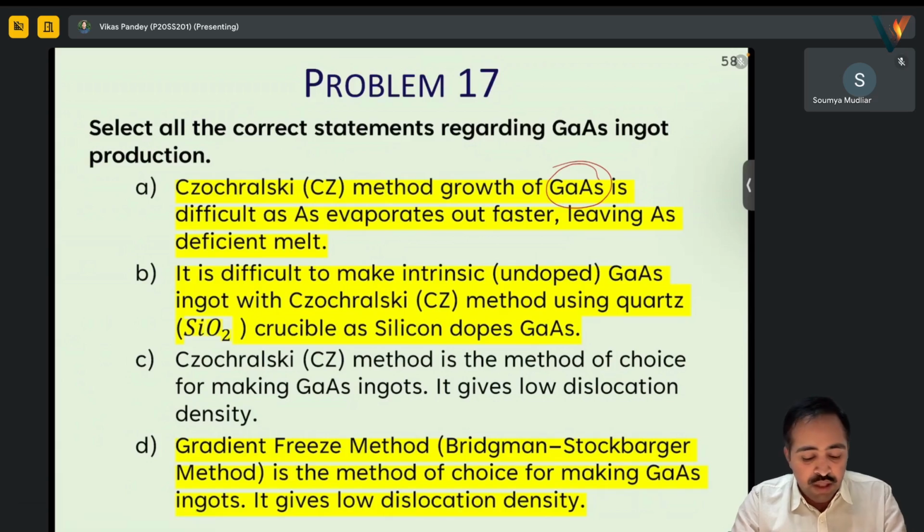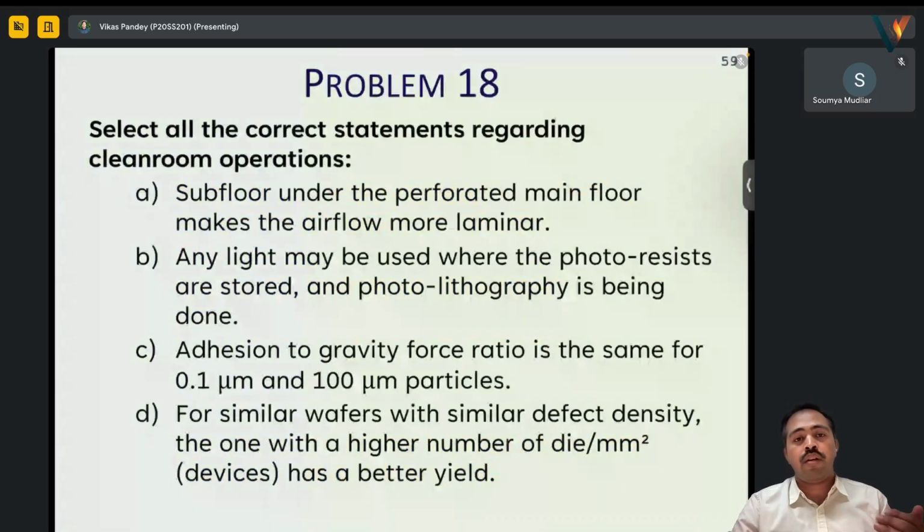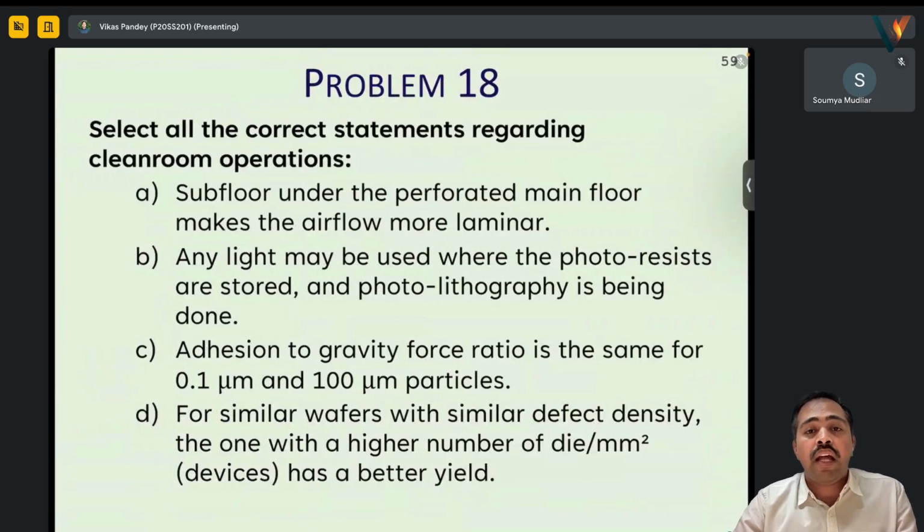So the floor under the perforated main floor makes the airflow laminar. Any light can be used where photoresist is stored and photolithography is being done.